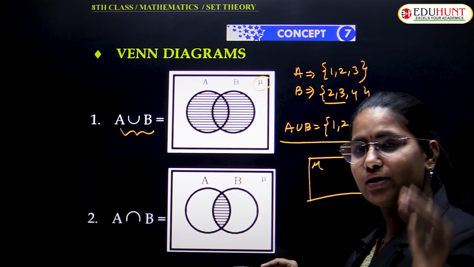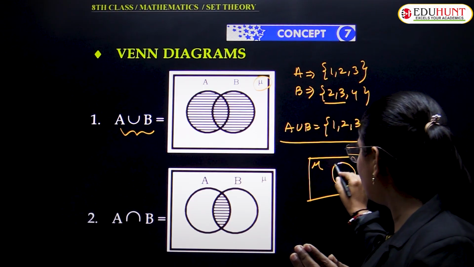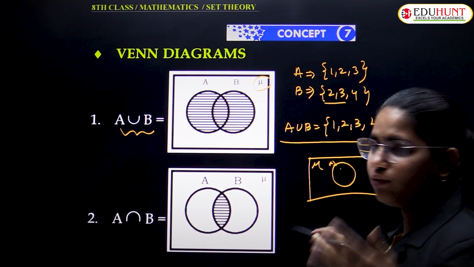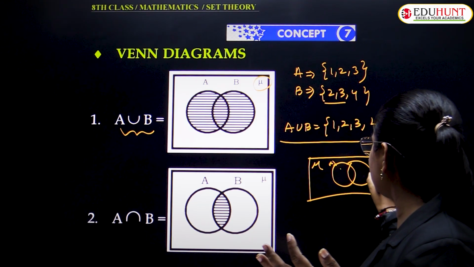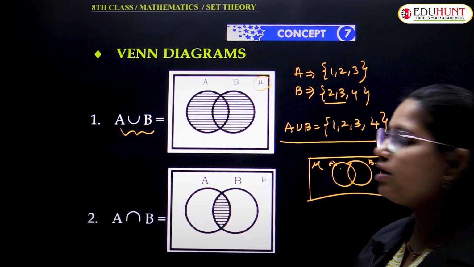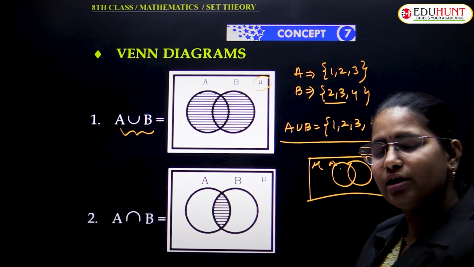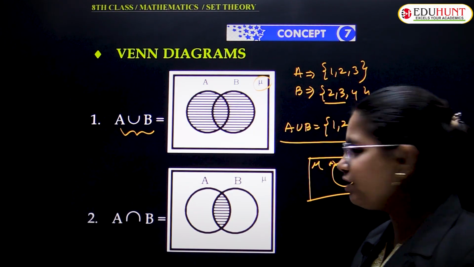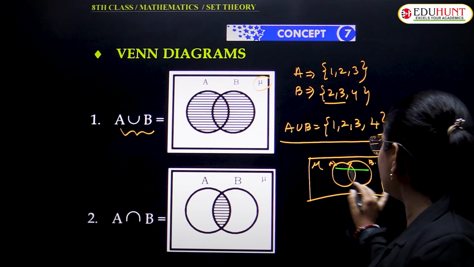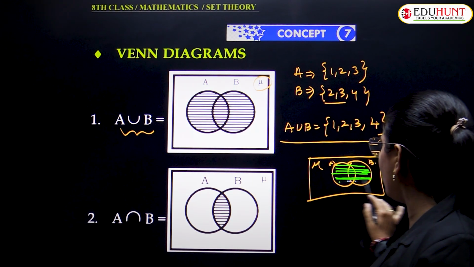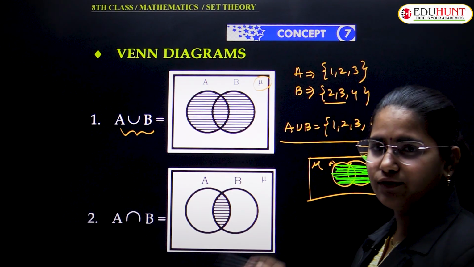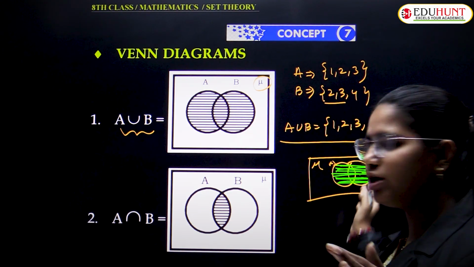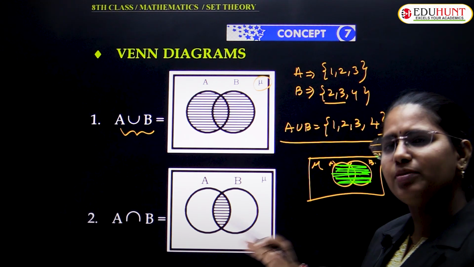If A is a subset of the universal set, you take this as A. If B is another set, which is also a subset of the universal set, then to express union, the elements in A and the elements in B together form A union B. So whenever the diagram looks like this, it expresses A union B. You have to block all the elements in A and all the elements in B.